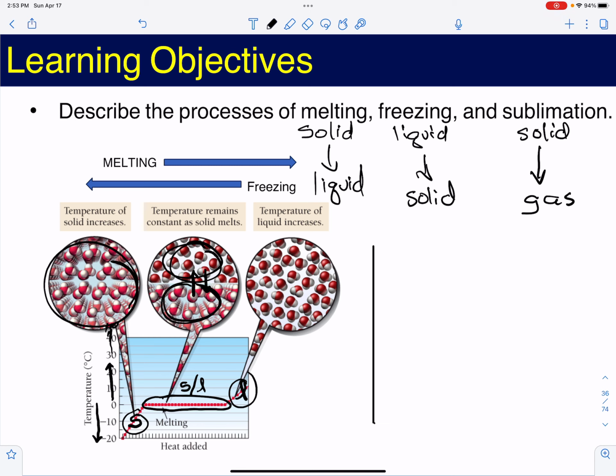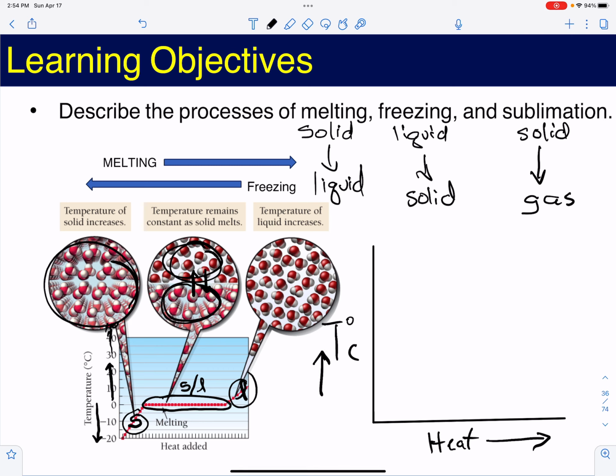I will have to say first, I'm doing this with water. So the first thing I know is that I'm going to be adding heat, because this is a heating curve. The temperature is going to go up in degrees Celsius.